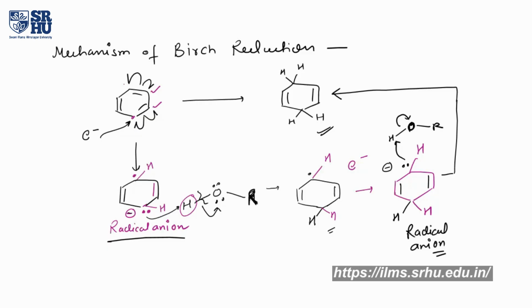So this is a relatively different mechanism. We are not completely removing the double bonds of the benzene ring. Rather, we are attaching two hydrogens in the reaction. Okay, so this is the mechanism of Birch reduction.